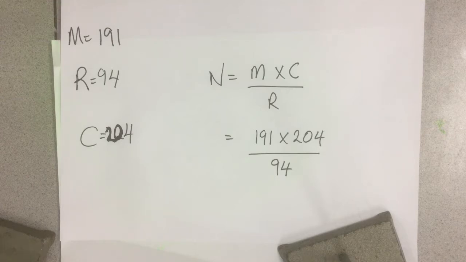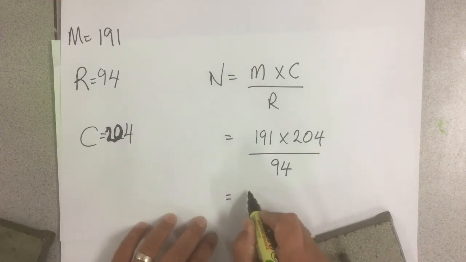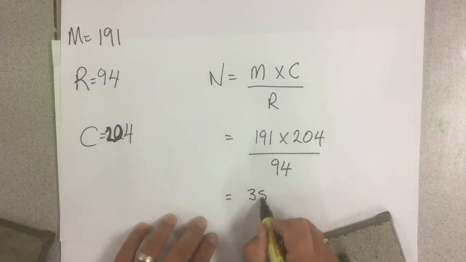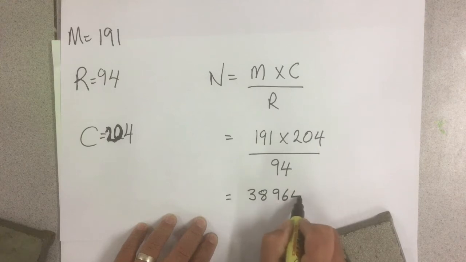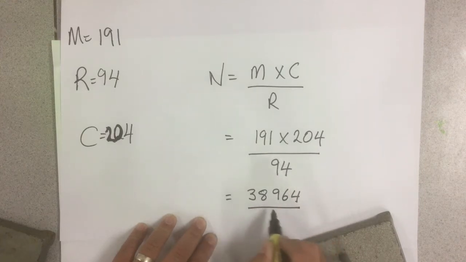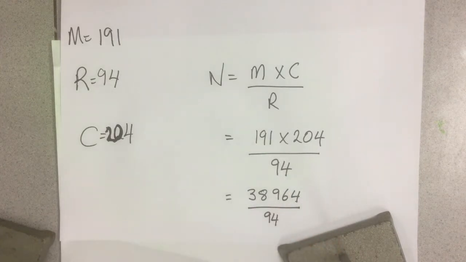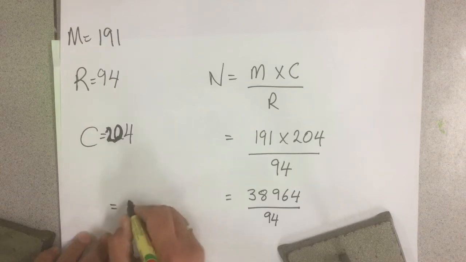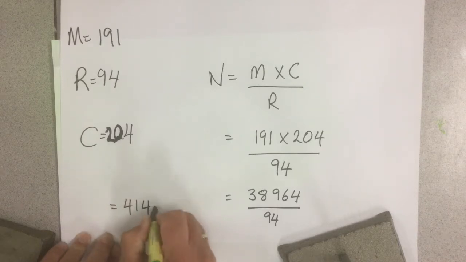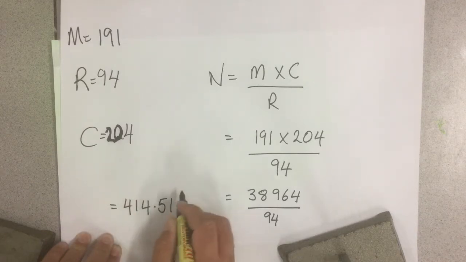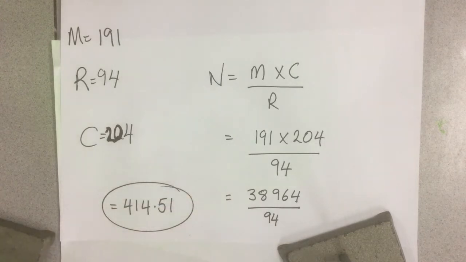So we substitute in our data, simply use a calculator to complete the final process. And this gives us an estimate of 414.51 individuals.